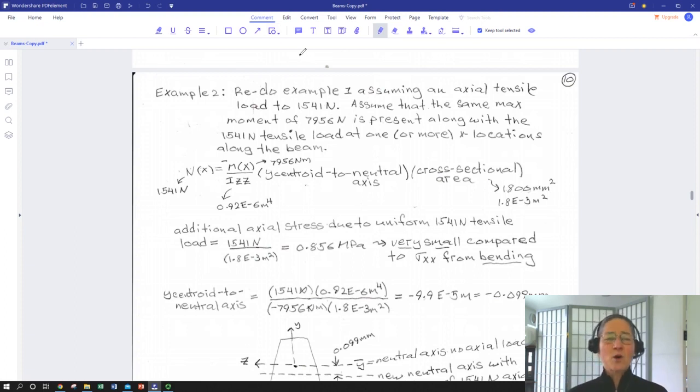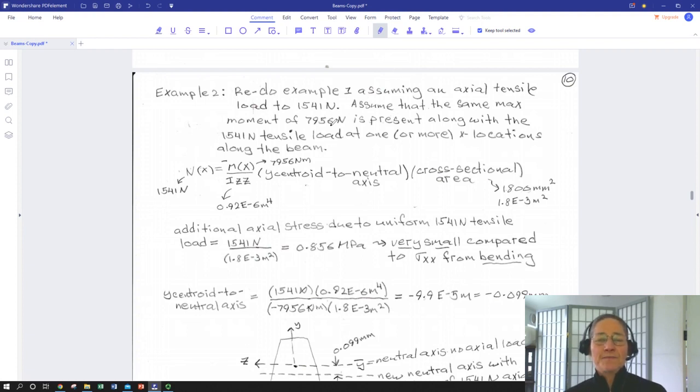So we have that max moment of the 7,956, but we also have an N, so an axial force of 1,541. So we're going to go back to that expression that we used where we plopped in the sigma xx integral over area equaling the flexural sigma xx, because basically the stress is going to be the result of both forces.